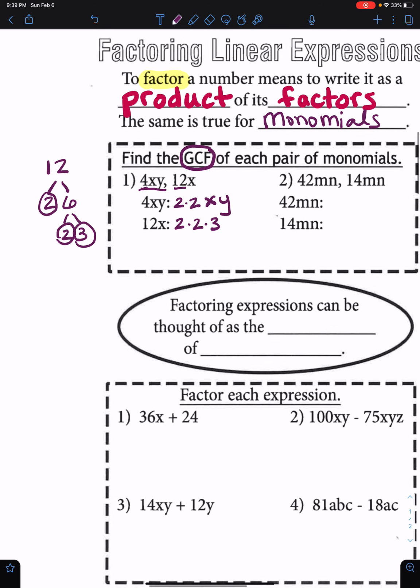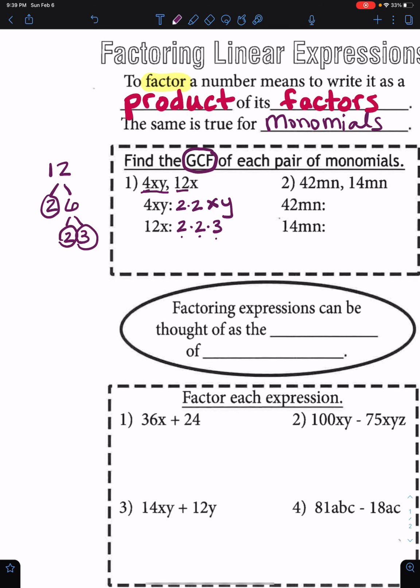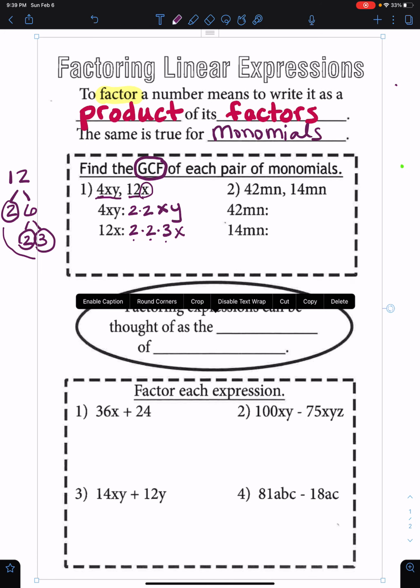So that's where I got the 2, 2, and 3. If you don't know the prime factorization of a number, you can just make a factor tree on the side, it's no problem. Then after you write the prime factorization, you also include any and all variables that you have after the coefficient.